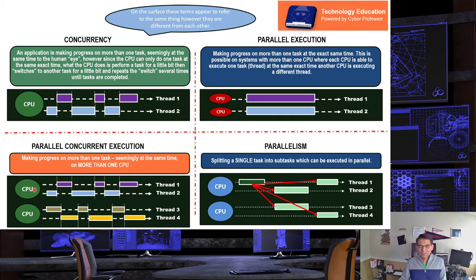The CPU is switching between the two threads so quickly that they can be making progress almost at the same time. And then you have a second CPU in your computer system that is doing exactly the same thing, but not with the same threads. It's doing it with two different threads, thread 3 and thread 4.